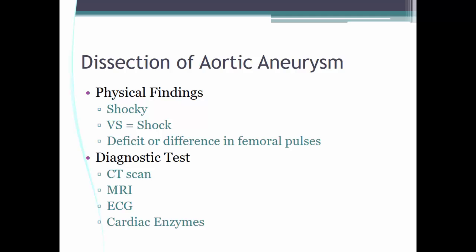So aortic dissection must be considered in any patient with chest pain, thoracic back pain, abdominal pain, or unexplained syncope, stroke, or acute onset of heart failure, especially when pulses or blood pressure in the limbs are unequal.